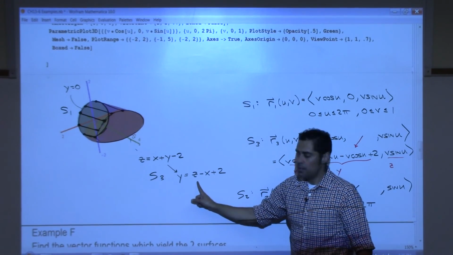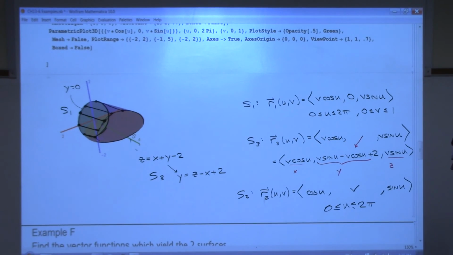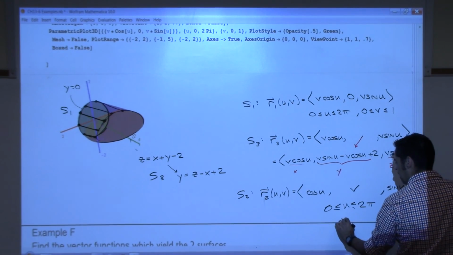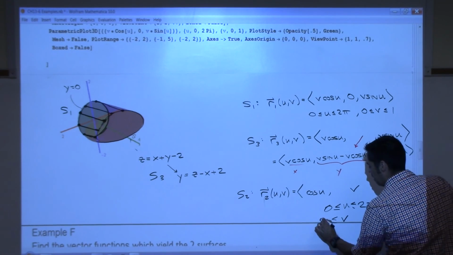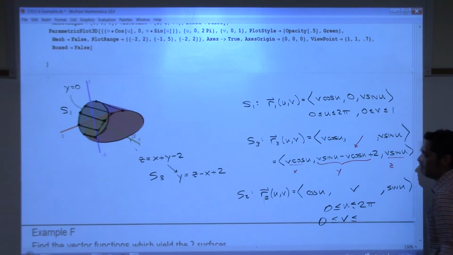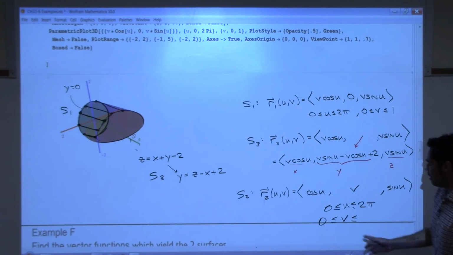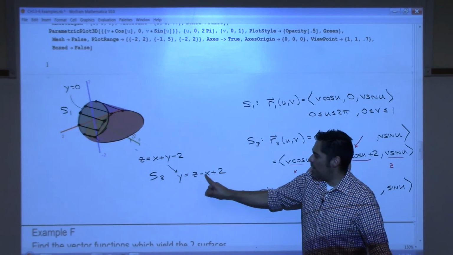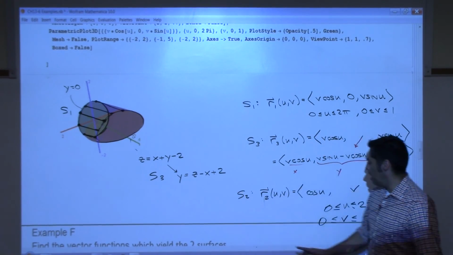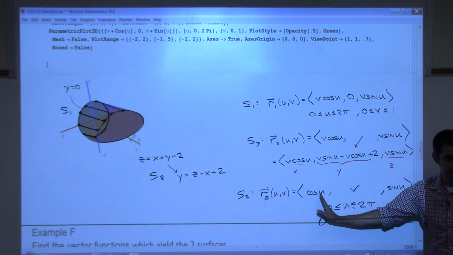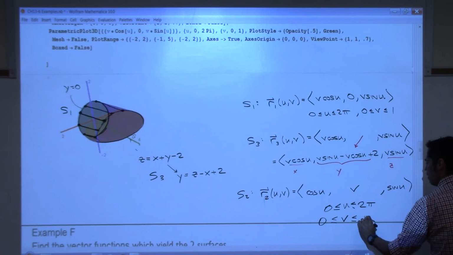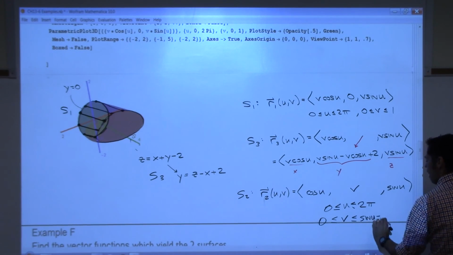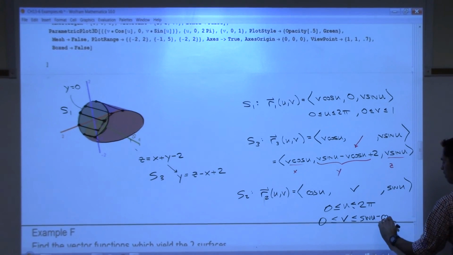So I'm going to let v be stuck between 0 and, again, this is the trickier part, z minus x plus 2. But we have to use these. So what's z? Sine u, minus x, which is cosine u, plus 2.